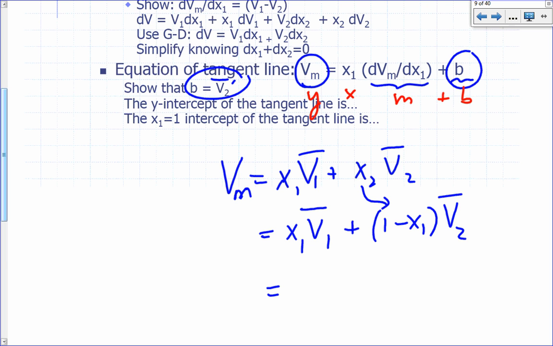So I can rewrite this. That's going to be x1 times V1 bar plus V2 bar minus x1 V2 bar. Okay.